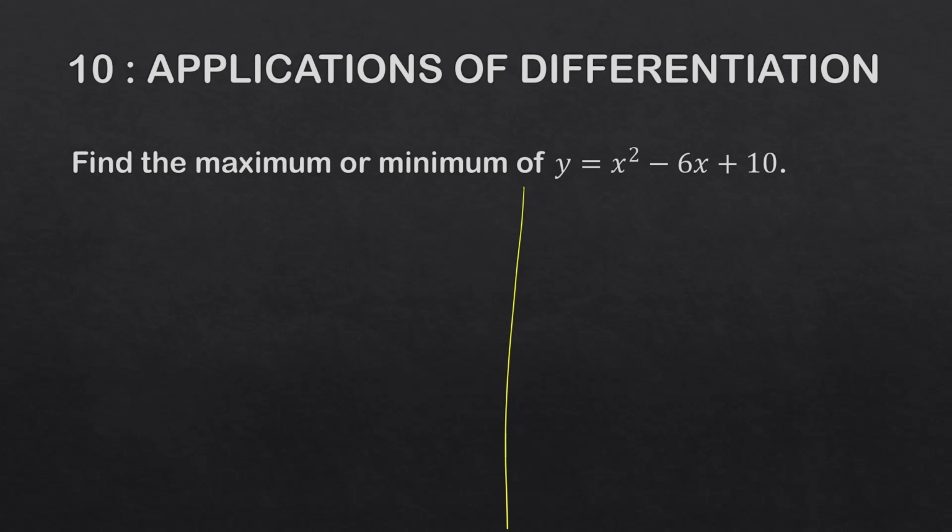In this case, I'm going to say that dy/dx. They say find the maximum or minimum. So we're going to find out whether it is actually maximum or minimum. So let's go. This is going to be 2x minus 6.